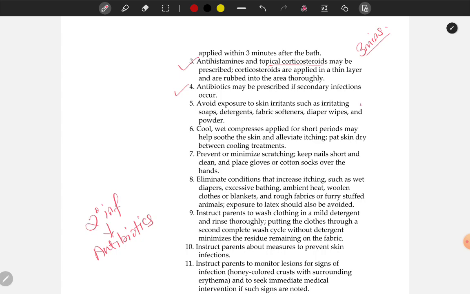Then you have to avoid exposure to skin irritants such as soap, detergent, fabric softeners, diaper wipes and powder. Cool and wet compresses applied for short periods may help soothe the skin and alleviate itching; pat the skin dry between cooling treatments. Then you have to prevent or minimize scratching.